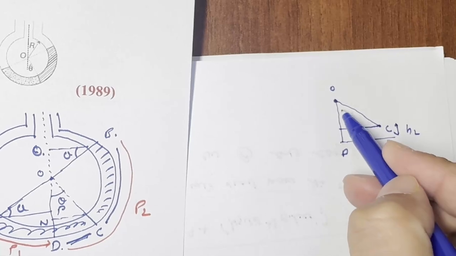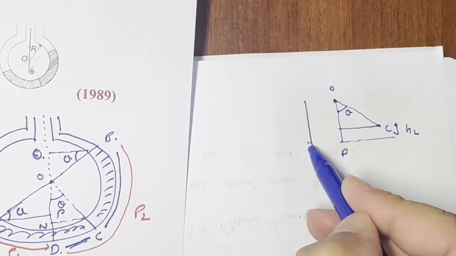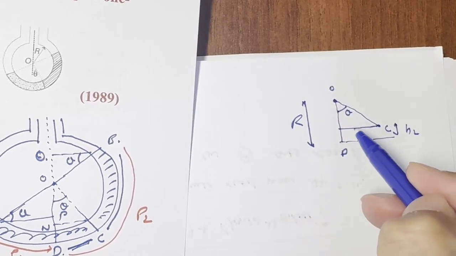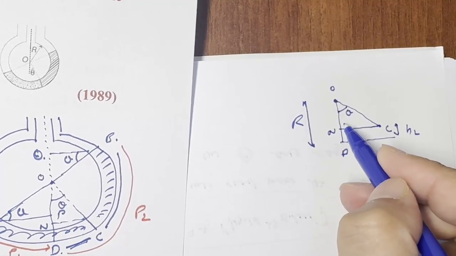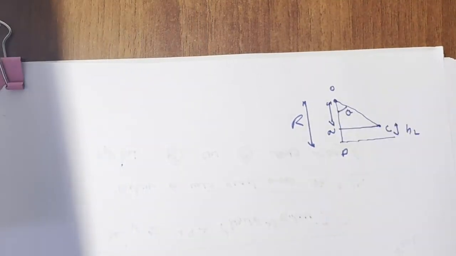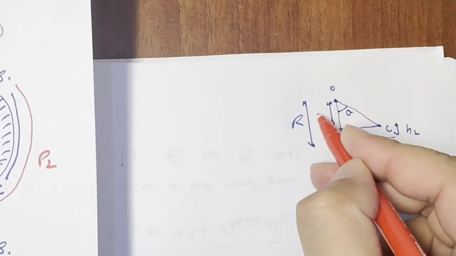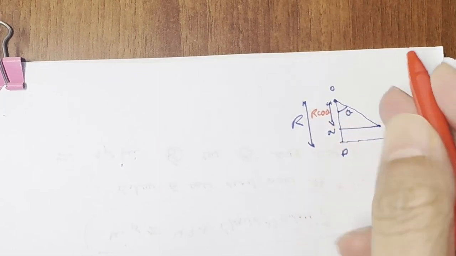Once again, this is angle theta, total is our radius R, and we took this point as N, so we can say NO will be equal to R cos of theta.